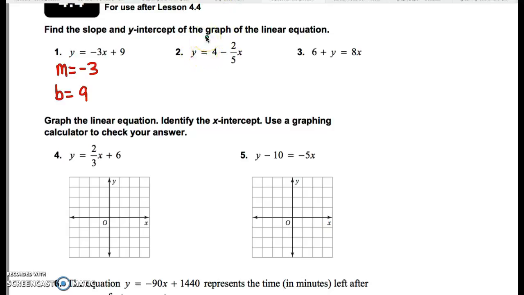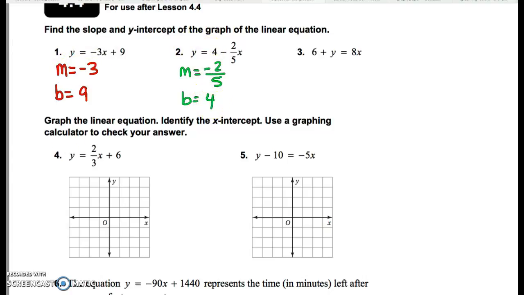Now, be careful. What's your slope? Remember, your slope is what comes directly in front of the x. Okay, directly in front of the x is a -2/5. Be careful not to miss that 2/5, or the negative, I'm sorry. And then your y-intercept is that other number tacked on. In this case, it's a +4.